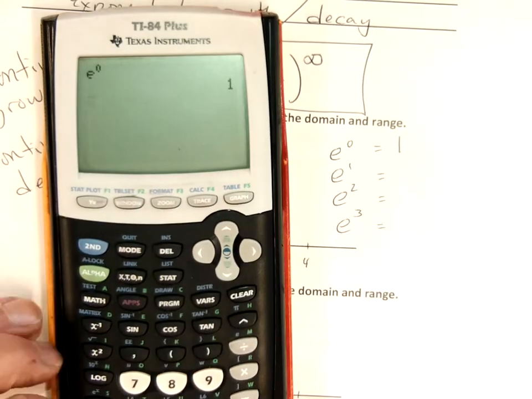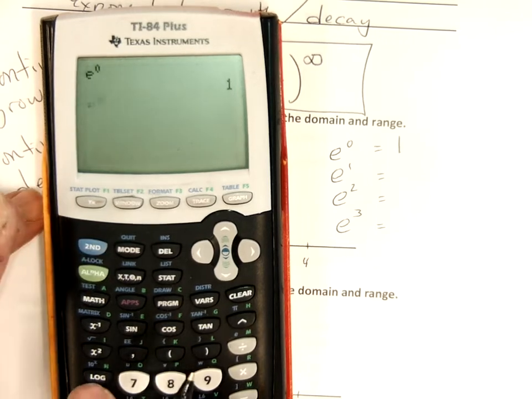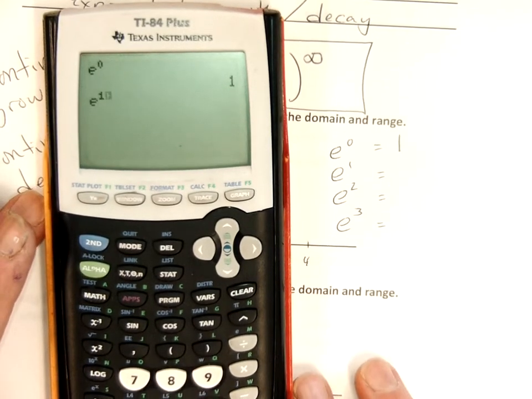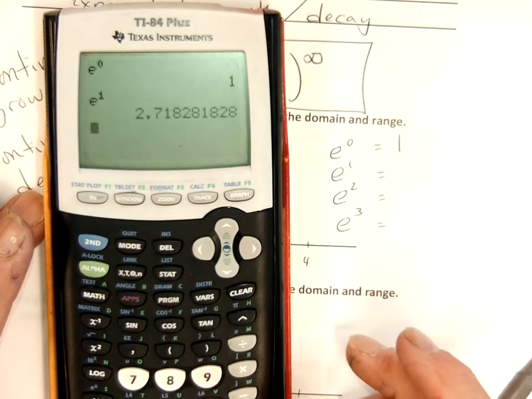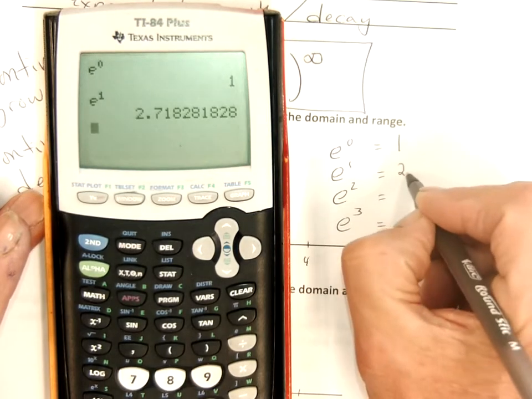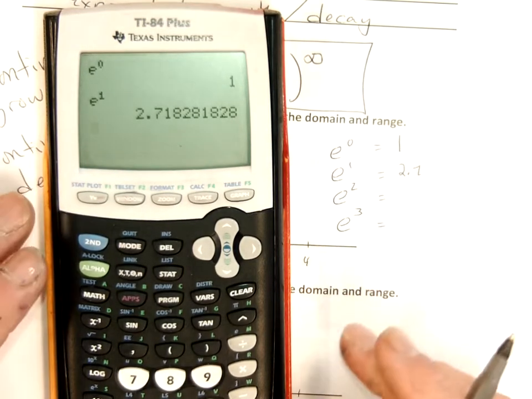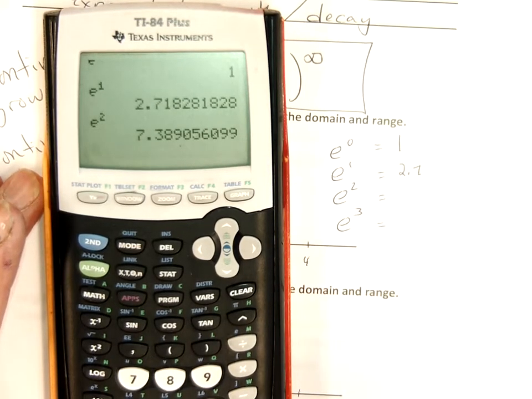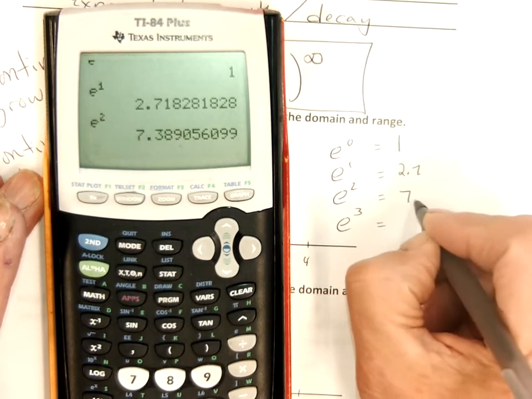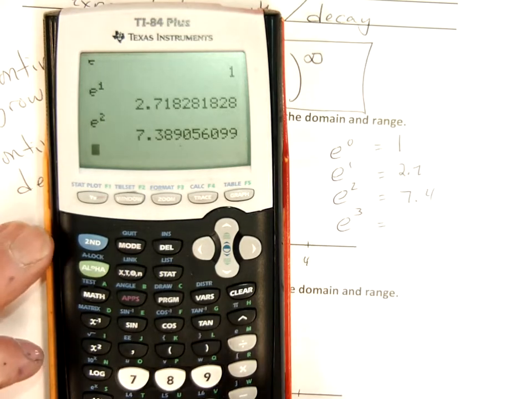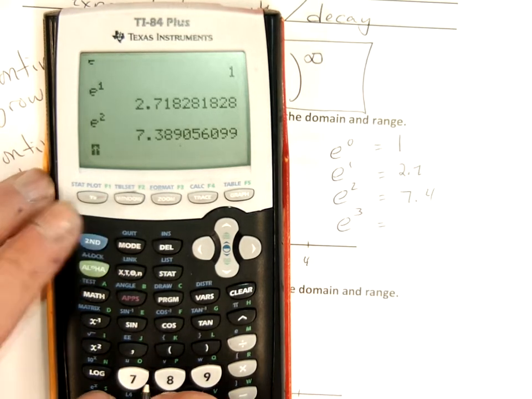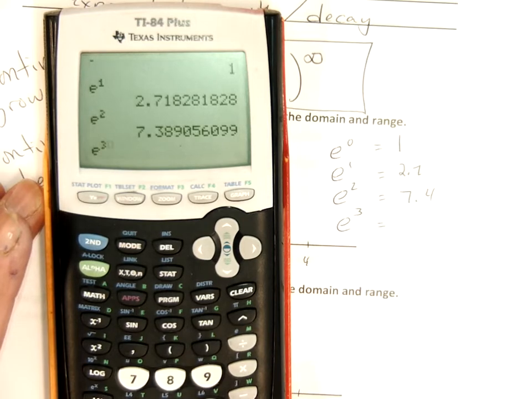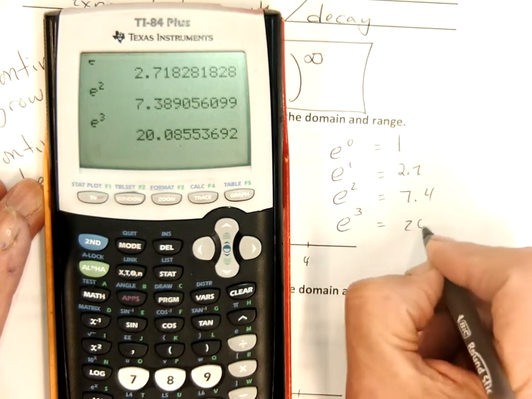I'm going to go e to the 1 power, about 2.7. I'm going to go e to the 2nd power, about 7.4. And then e to the 3rd power, and I get about 20.